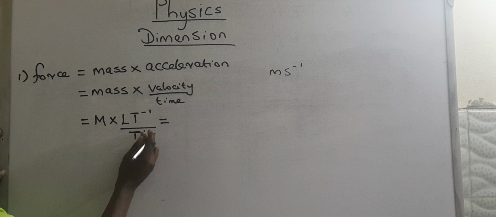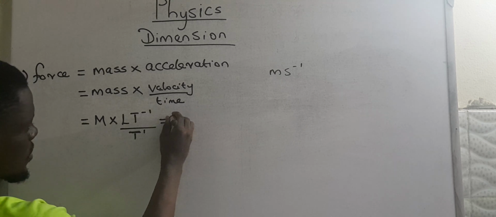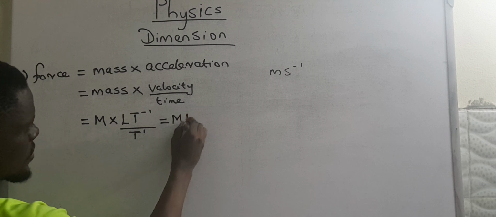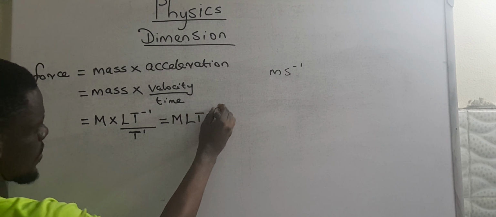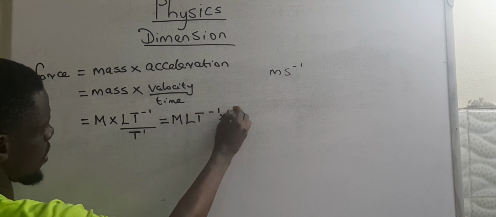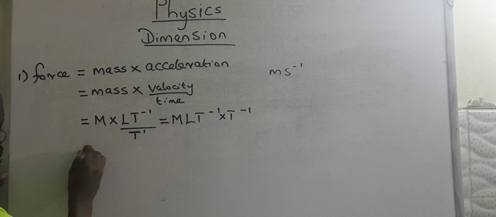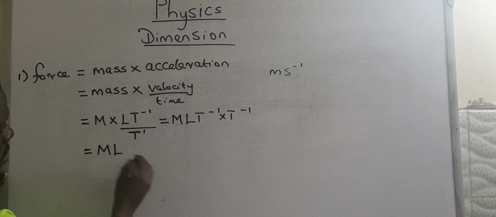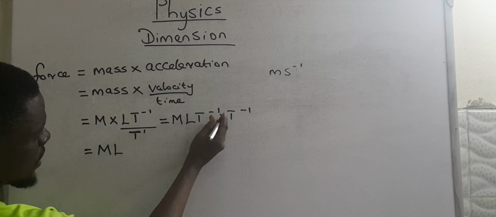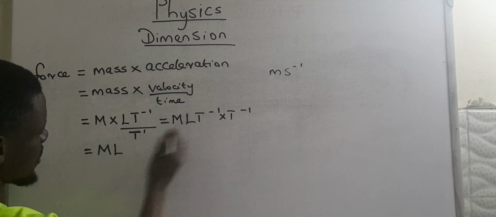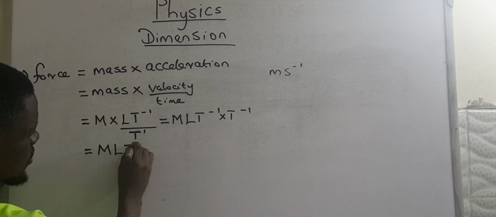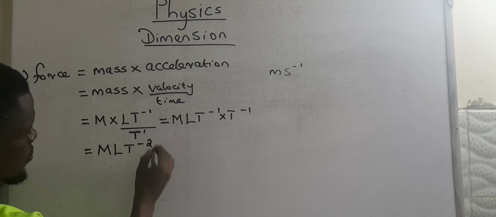If this goes up, this T to power 1 becomes minus 1. So we have M L T to power minus 1 times T to power minus 1. So this is equal to M L. I have T here, so I can add the powers. Minus 1 minus 1 gives me minus 2. So this is T to power minus 2.